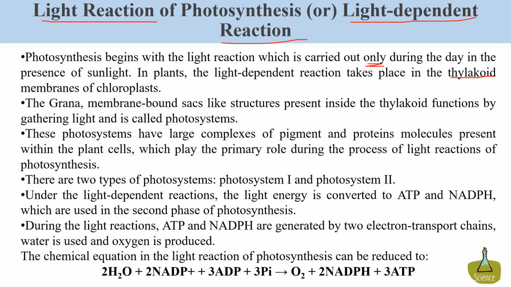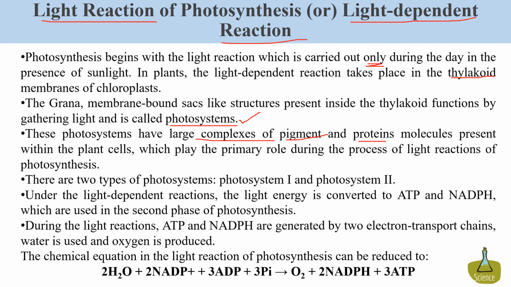Next, the grana, the membrane bound sac-like structures inside the thylakoid, function by gathering light and are called photosystems. They are called photosystems because they gather the light for the process of the light reaction. These photosystems have large complexes of pigment and protein molecules present within the plant cell, and they play an important role during the light reaction.